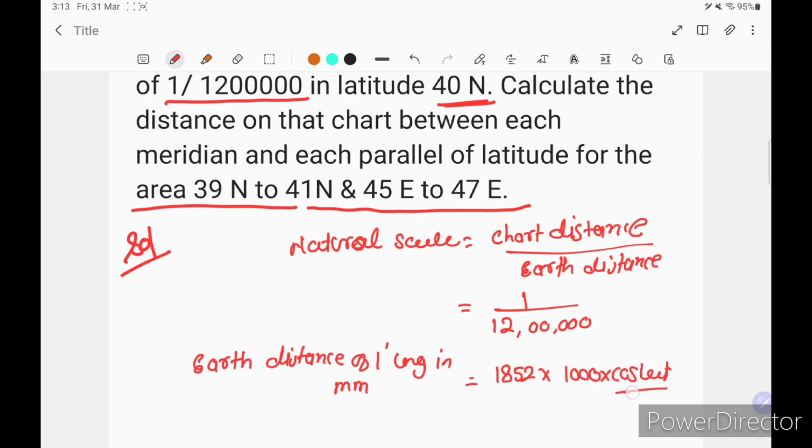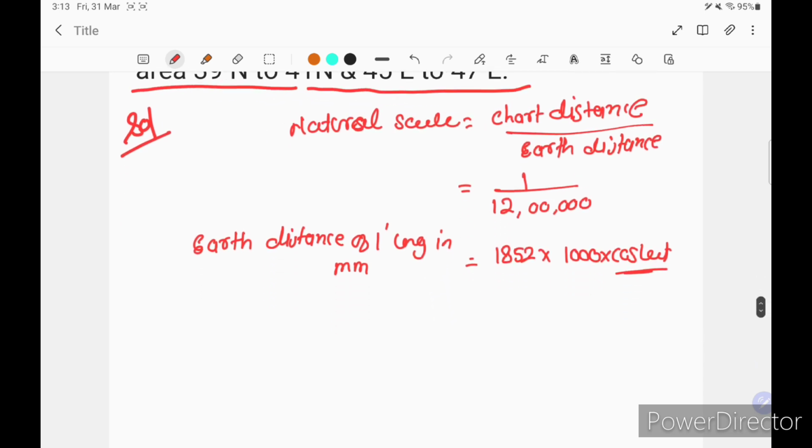What is cos latitude? It is the latitude in which the natural scale is given, so cos latitude is 40 degree north. Put everything in the formula: 1852 into 1000 into cos 40 degree. So we get 1.182 mm.